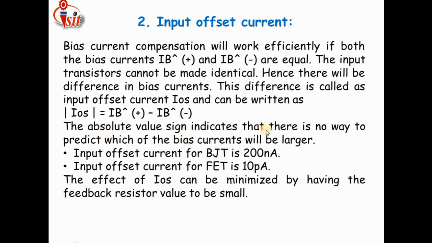The absolute value sign indicates that there is no way to predict which of these bias currents will be larger. Input offset current for a BJT is 200 nA and for a FET it is 10 pA. The effect of IOS, the input offset current, can be minimized by keeping the feedback resistor value small.